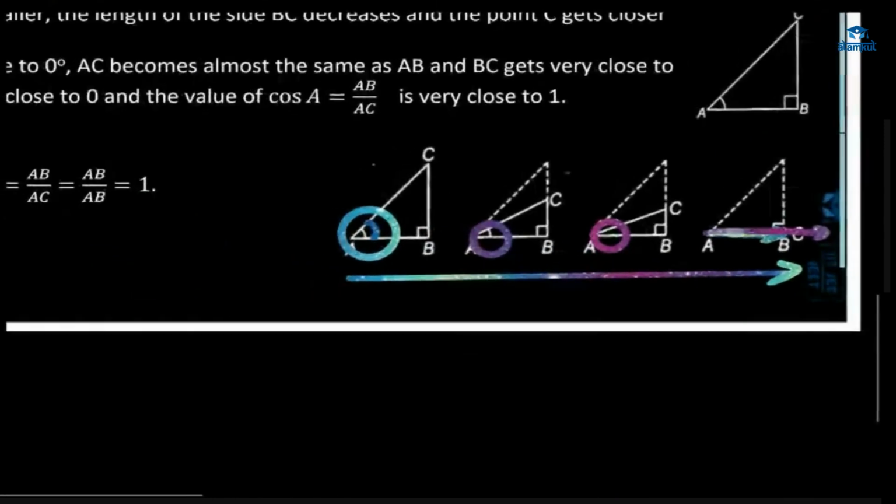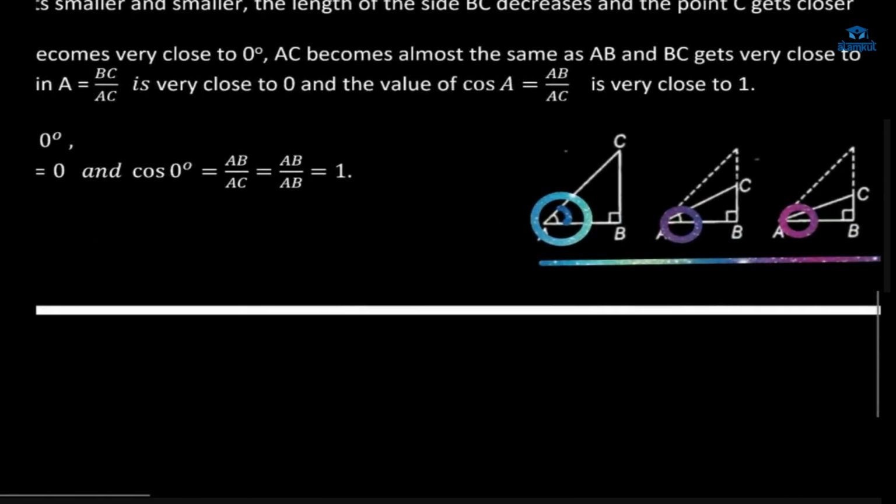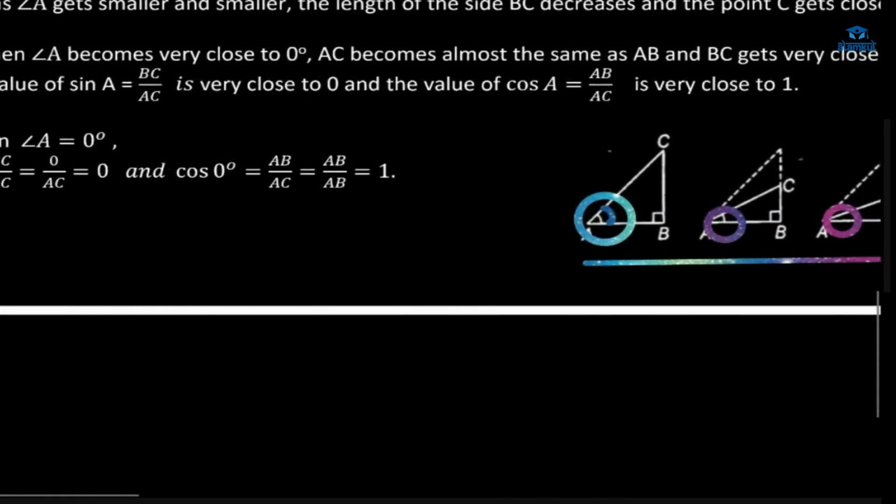In this way, it has found the values for the ratios. Like sine 0 degree, what will it be? It will be P by H. If this is P, BC is P, obviously. Now it is about AC, which is getting reduced.